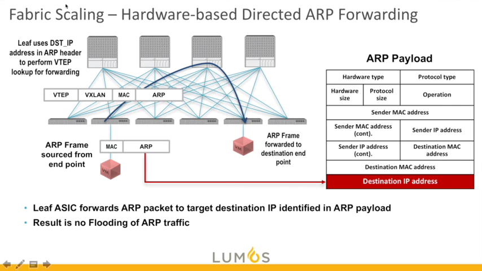So rather than go through the process of replicating and forwarding that broadcast to all ports, on ingress, so when the ARP packet leaves the endpoint, we can, at the leaf, the hardware can actually evaluate and look up what the destination is. So we'll take that broadcast frame and we will forward it in a unicast manner to that host.